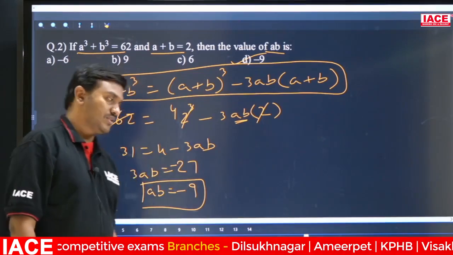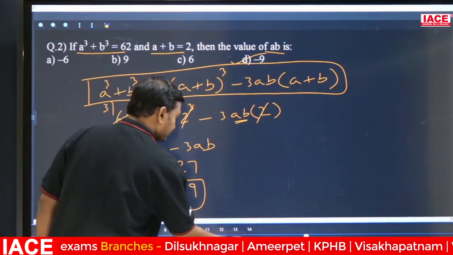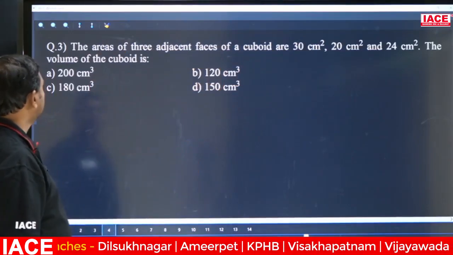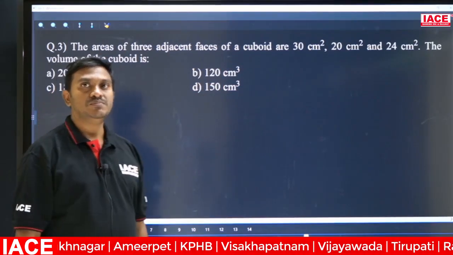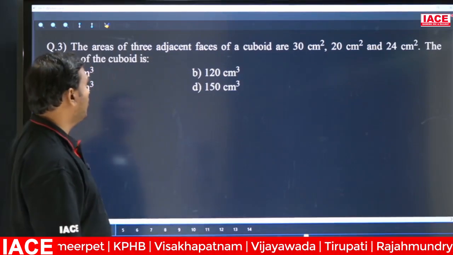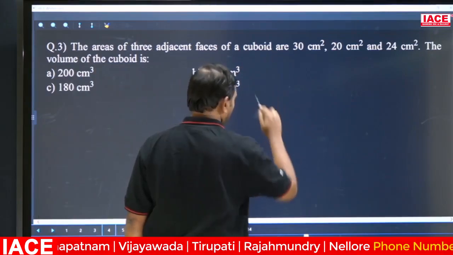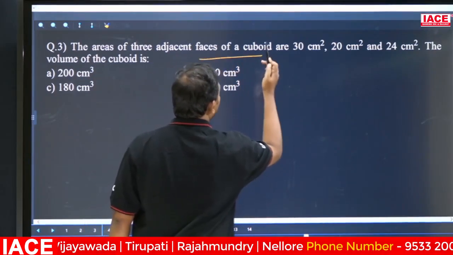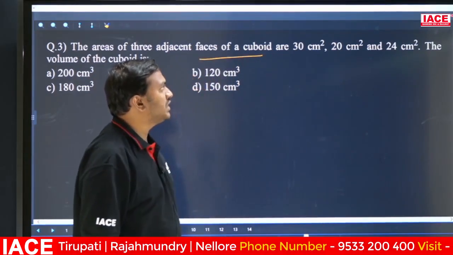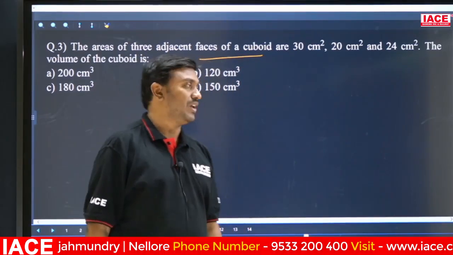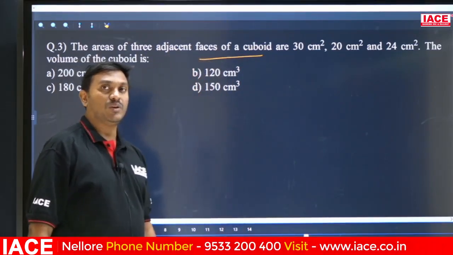Then question number 3. A mensuration question related to a cuboid. The areas of three adjacent faces of a cuboid are 30 centimeter square, 20 centimeter square and 24 centimeter square. Find the volume of the cuboid.